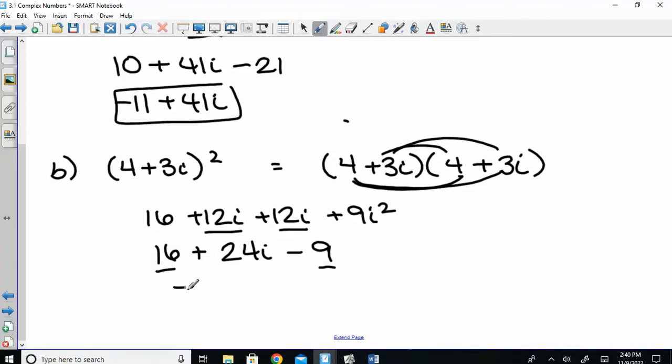So combine like terms. Make sure the real part is first, so 7 plus 24i. Questions there?